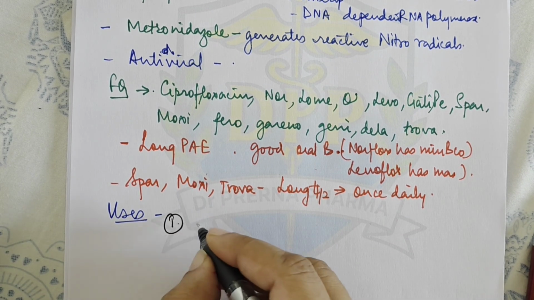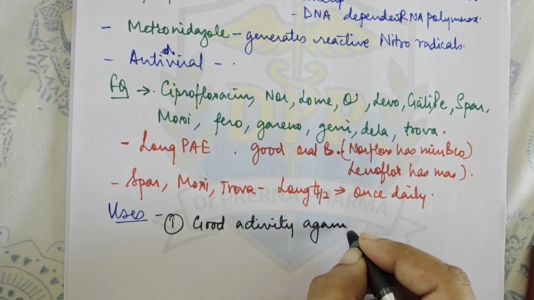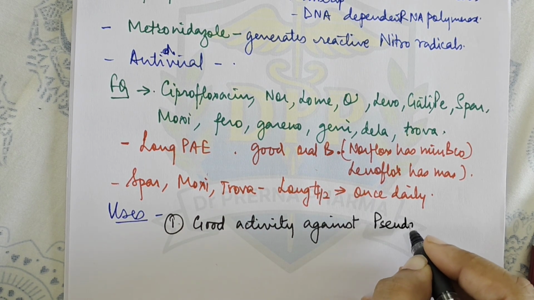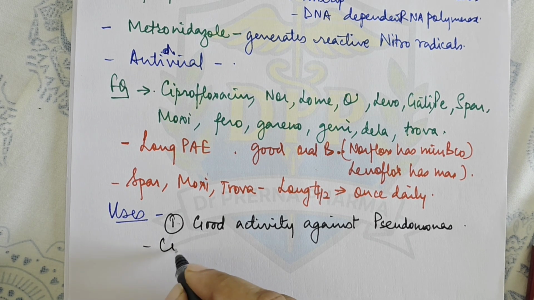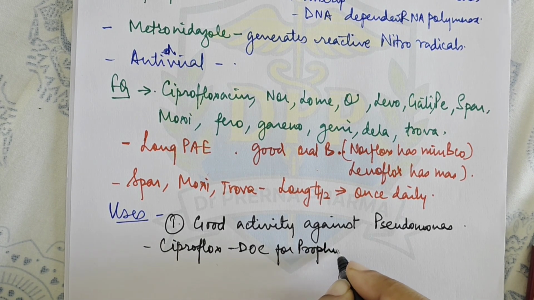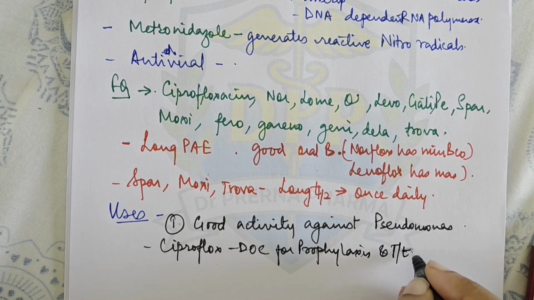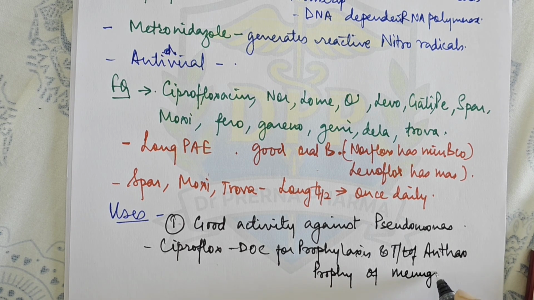Then if we come to the uses, now what are the uses? They have good activity against Pseudomonas, right? Then Ciproflox is the drug of choice for prophylaxis and treatment of anthrax, also used for prophylaxis of meningococcal meningitis.